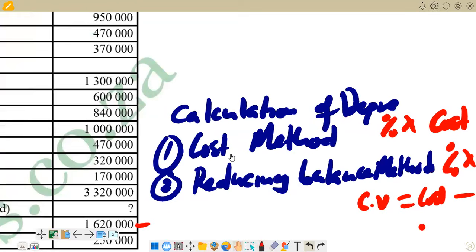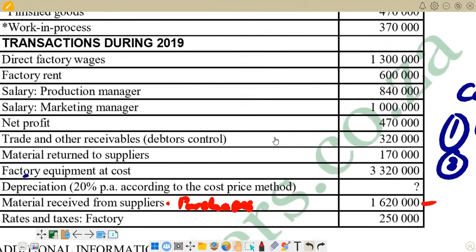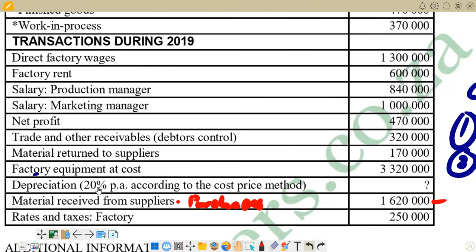So if you come here on the calculation of depreciation, we are going to say 20%, which is 0.2. 20% as a decimal becomes 0.2. Then you multiply by the cost of that factory equipment, which is 3,320,000.